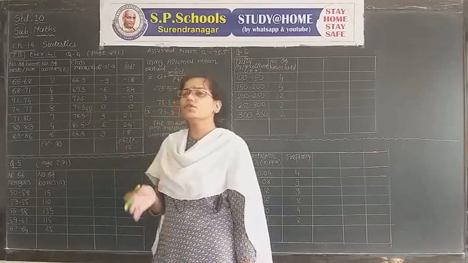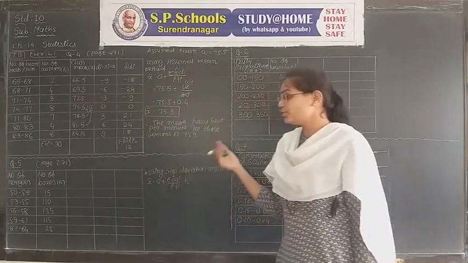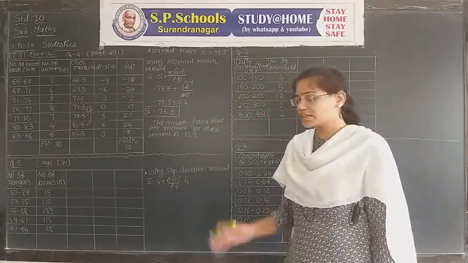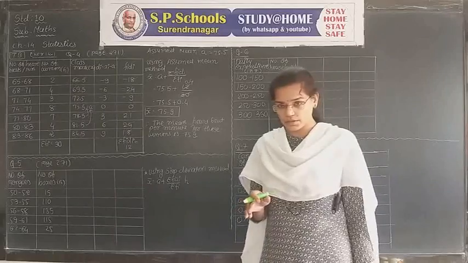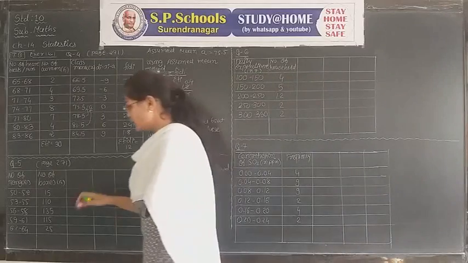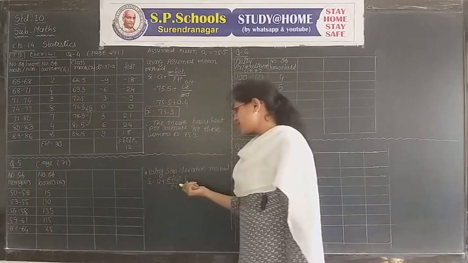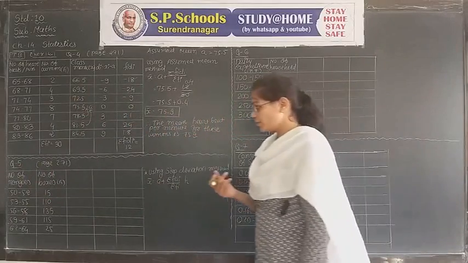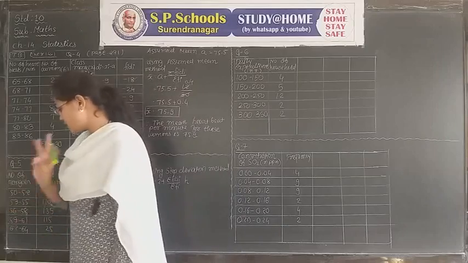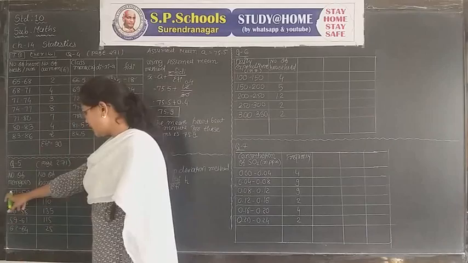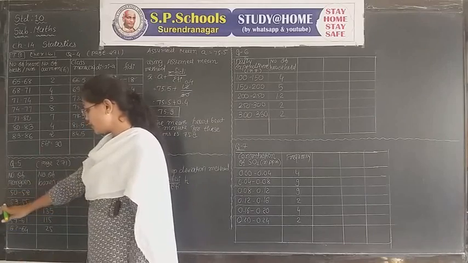But it does not matter when finding the mean whether a continuous or a discontinuous frequency distribution is given. First of all, decide the class size h, because the class size h must be the same in the step deviation method. Here the class size is 3 in all class intervals: 53 minus 50, 56 minus 53.